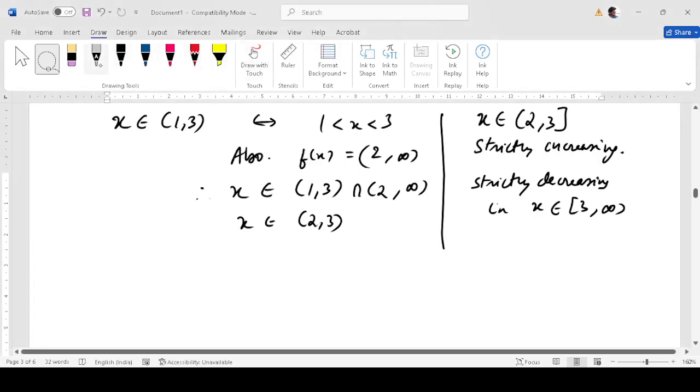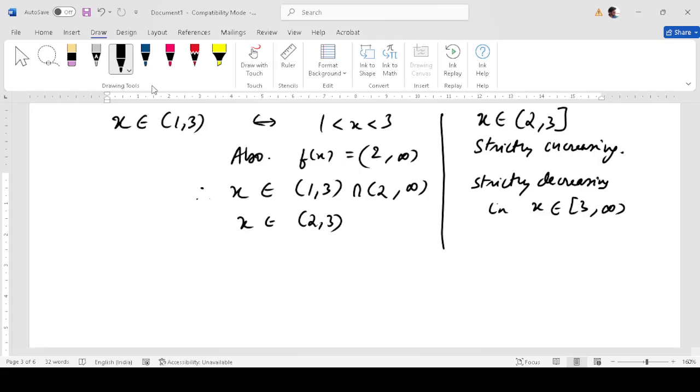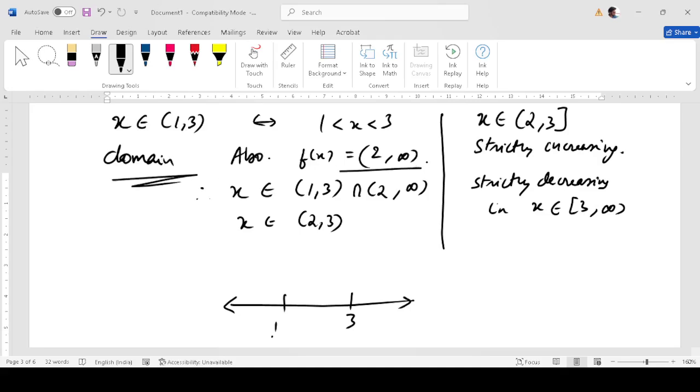Let's see how the number line would look like for this particular question. We have the values 1 and 3 by solving the f dash of x. Now the reason why we took the domain as (2, infinity) is because the function itself was having log of (x minus 2).